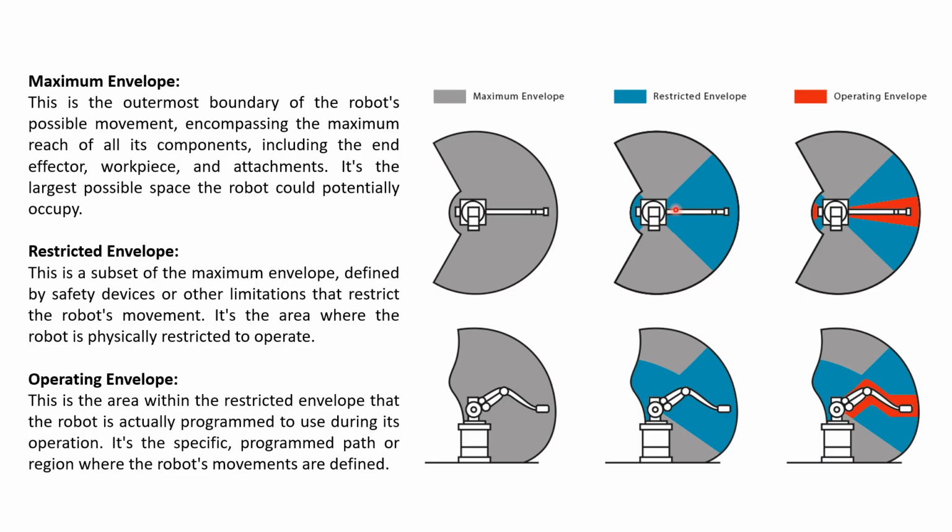You can see the restricted envelope, and then the operating envelope. It is the area within the restricted envelope that the robot is actually programmed to use during its operation. It is the specific program path or region where the robot's movements are defined. So this is the operating envelope.